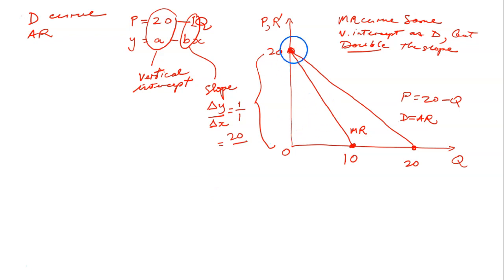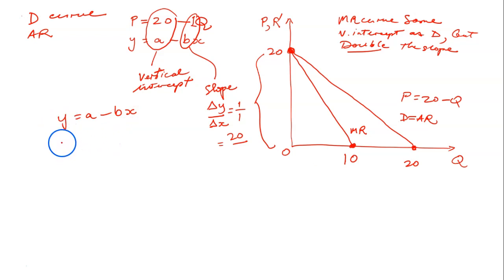Now all we have to do is figure out what the equation for this marginal revenue line would be. That's pretty straightforward, because it's a straight line, a linear equation. It's negative because it's downward sloping.